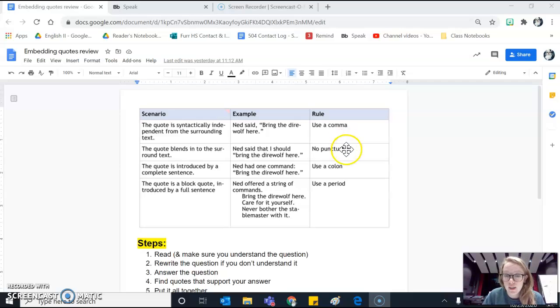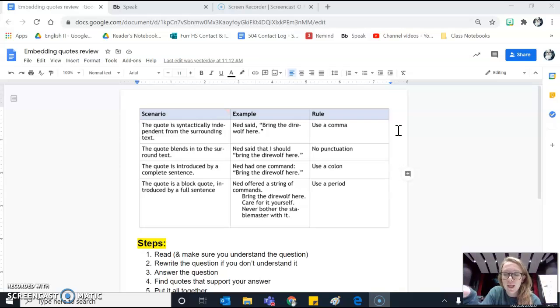We do not use any punctuation if the quote blends into the surrounding text. Ned said that I should bring the dire wolf here. Notice the first one says Ned said, and the second one says Ned said that I should. Because it blends in, in the second example, we do not need punctuation.